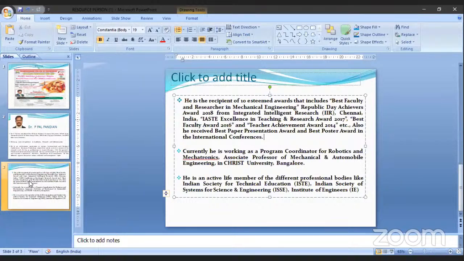Currently, he is working as a program coordinator for robotics and mechatronics, and associate professor for mechanical and automobile engineering at Christ University, Bengaluru. He is an active life member of different professional bodies like Indian Society for Technical Education, Indian Institute of System for Science and Engineering, and Institution of Engineers. Thank you, sir, for being a resource person for today's webinar.